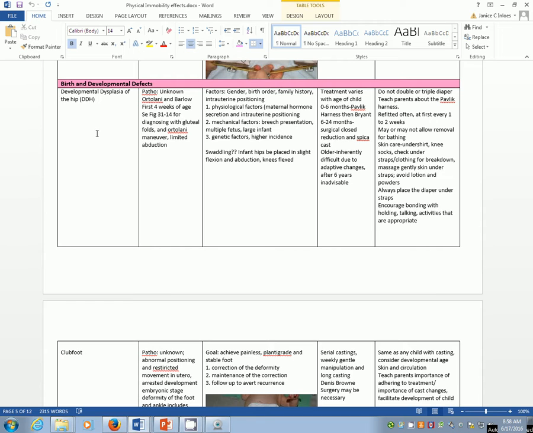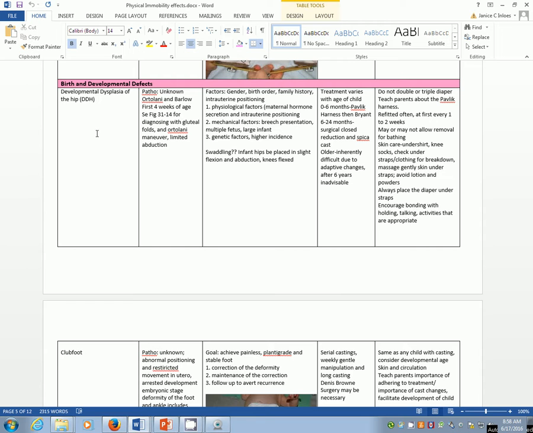Remember we talked about the relaxin hormone that relaxes mom's pelvis. Well, it relaxes baby's pelvis as well. So if there's a whole lot of that going on, it can actually cause too much relaxation of the femoral head, and it comes out of the socket. Intrauterine positioning also has a lot to do with that. If they're in a breech position, if their feet are turned in and there's not much room in there, if there's not enough fluid, things can do that.